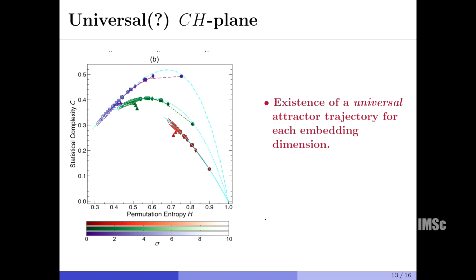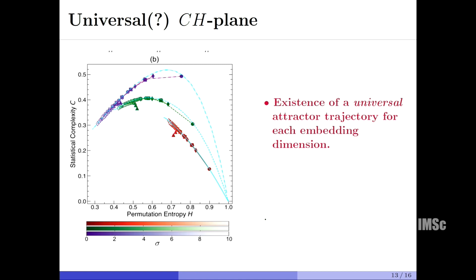Okay, so finally, my interest is in looking for universal properties. This is a plot where I have plotted all the wavelengths and different smoothing scales together. What is interesting, and we were not expecting this, is that they seem to all lie on an attractor trajectory towards higher smoothing scales.